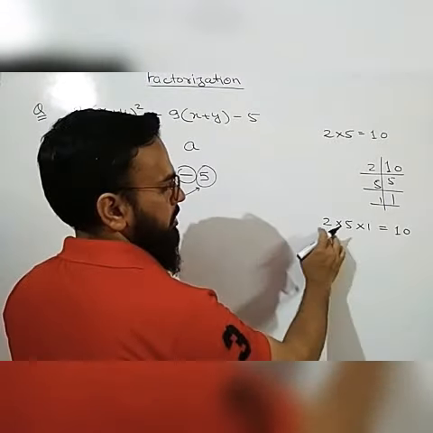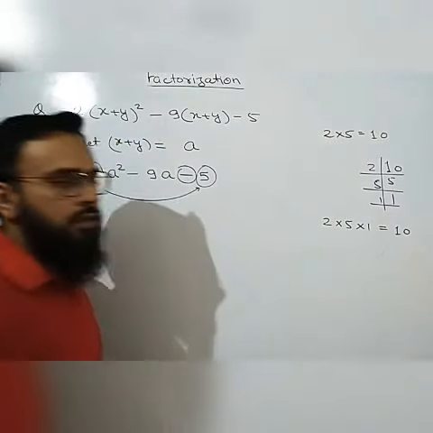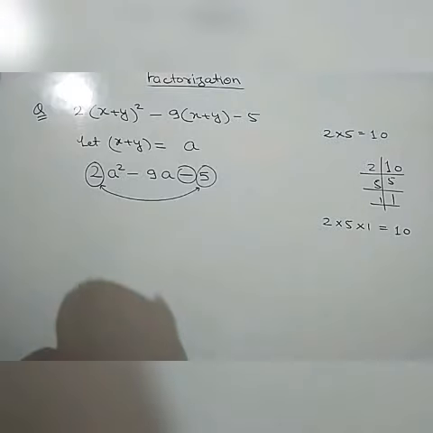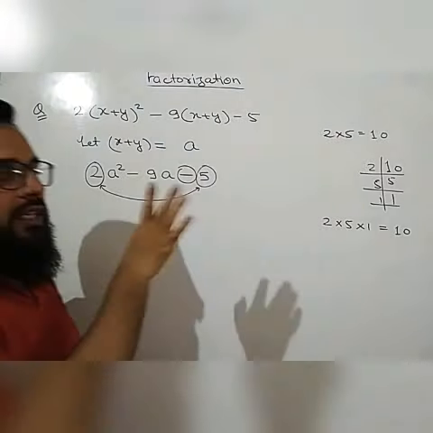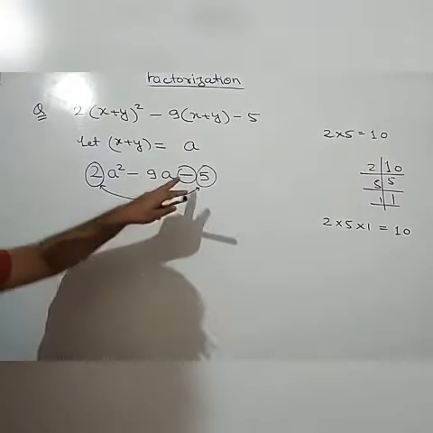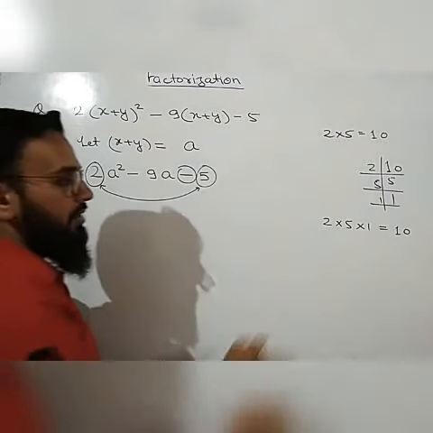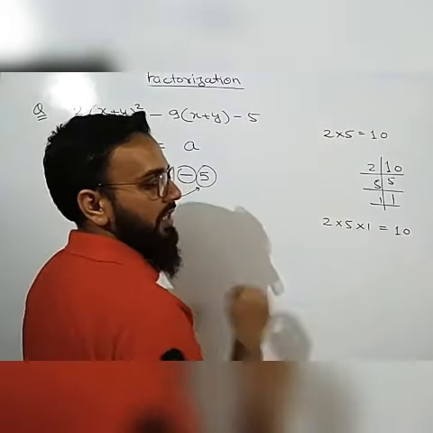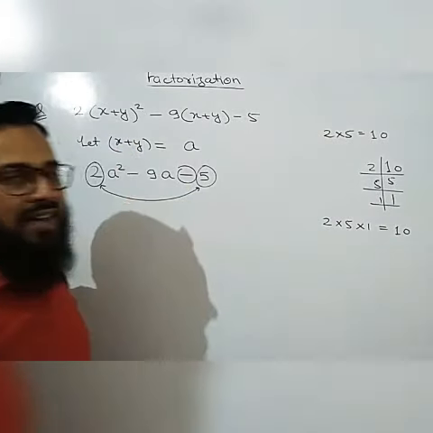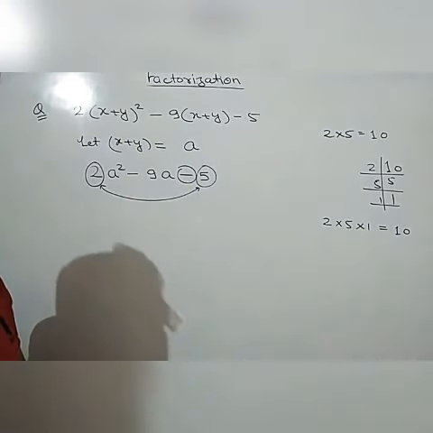So there are three numbers, 2, 5 and 1, whose product is 10. Now we have to select two numbers whose multiplication is 10 and whose subtraction should be equal to 9. So what can be those two numbers? If we take 2 into 5, that will be 10. But the subtraction of 5 and 2 is 3. That will not be correct.